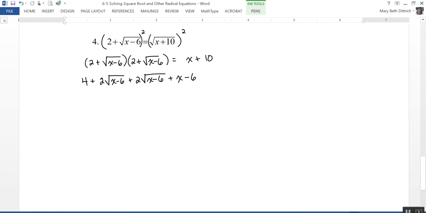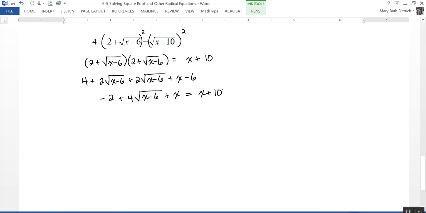Okay, let's clean that up a little bit. So this is going to give me a negative 2. And then these two terms are with radicals. I just add those. So 2 square roots of x minus 6 plus 2 square roots of x minus 6 gives me 4 square roots of x minus 6. And then I have this random plus x. And then don't forget I had an x plus 10.